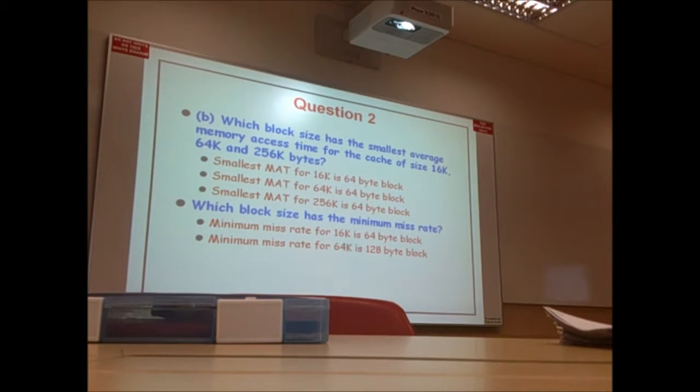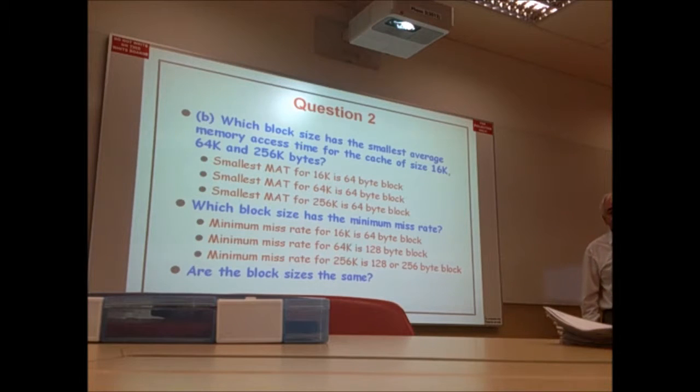And 256 cache size? 128 or 256, yes. So, are these the same? Does the block size that gives you the minimum miss rate also give you the minimum mean access time?